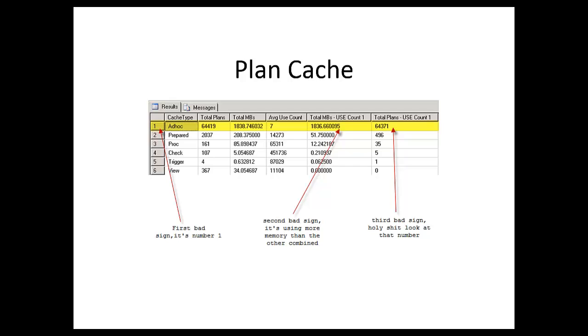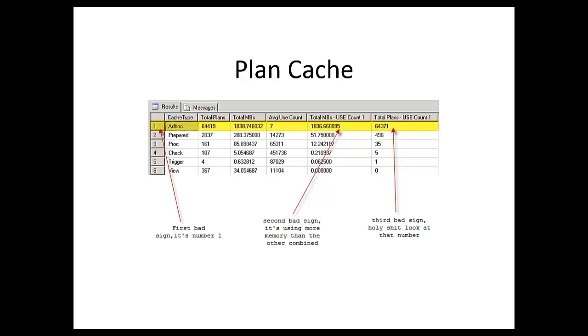The second bad sign is the total megs for the count, which is exponentially greater than all the other plans combined. And the third bad sign is the total plans. These are astronomical.